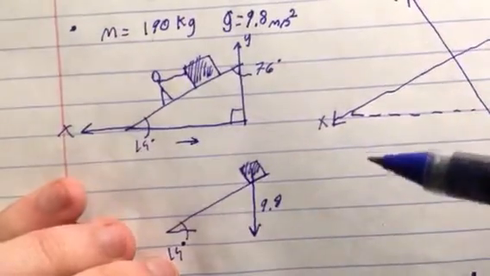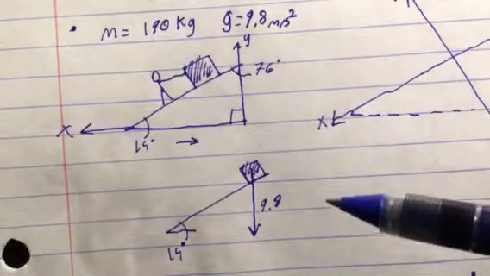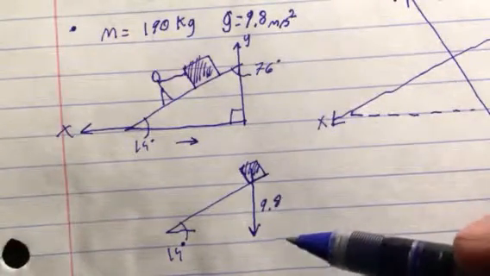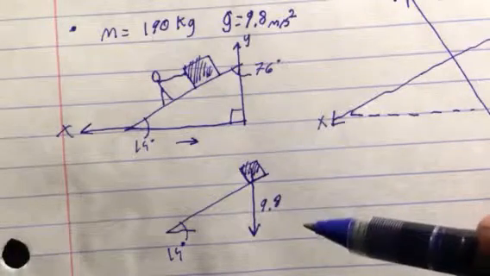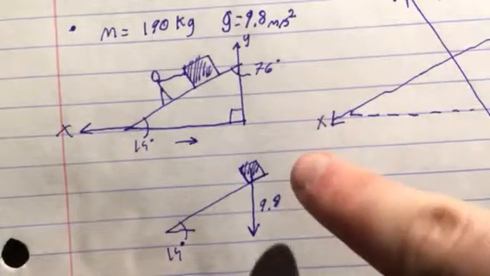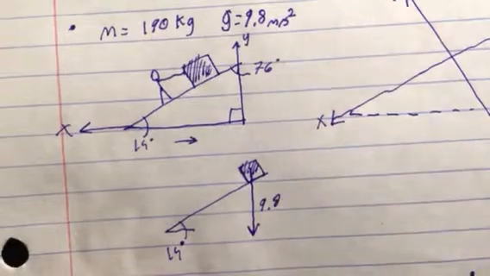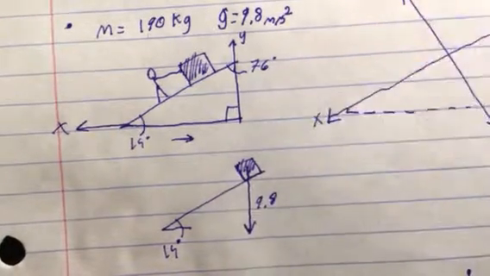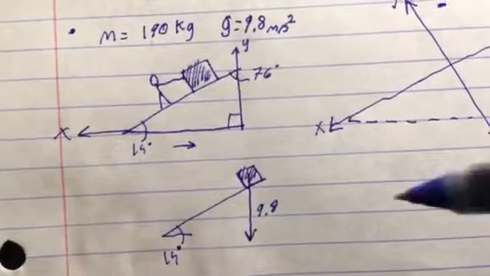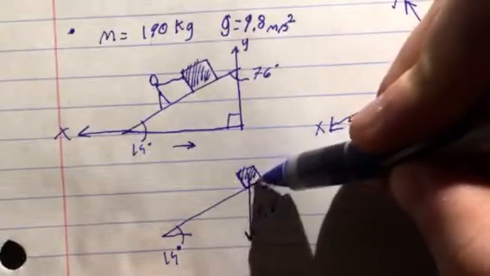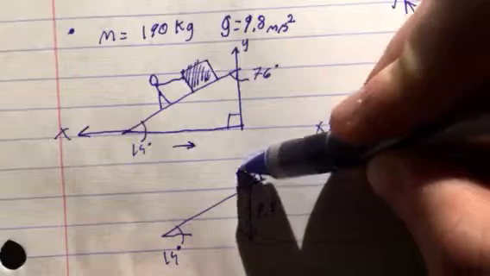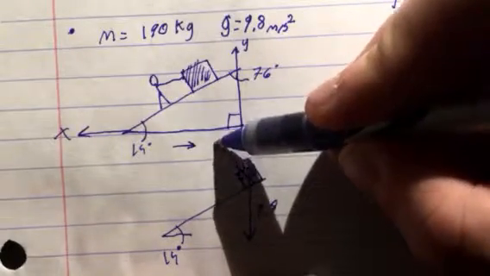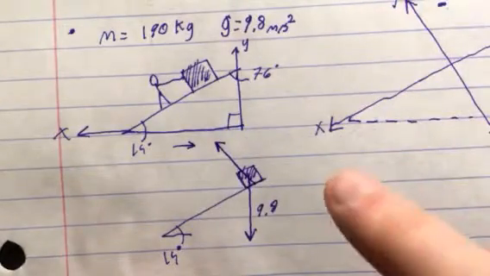Okay, so what do we know about the laws of physics? We know that every action has an equal and opposite reaction. If not, this object would fall through the earth. So there must be an opposite reaction pointing up. But when you have an incline, there is a normal force that points upward perpendicular to the hypotenuse.